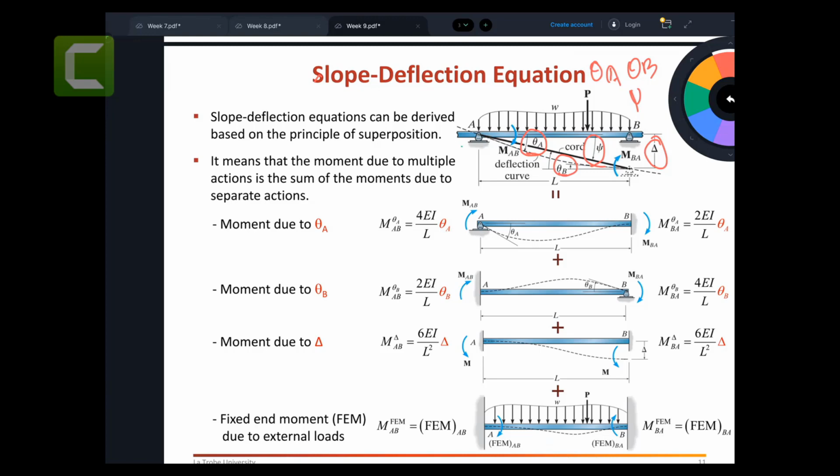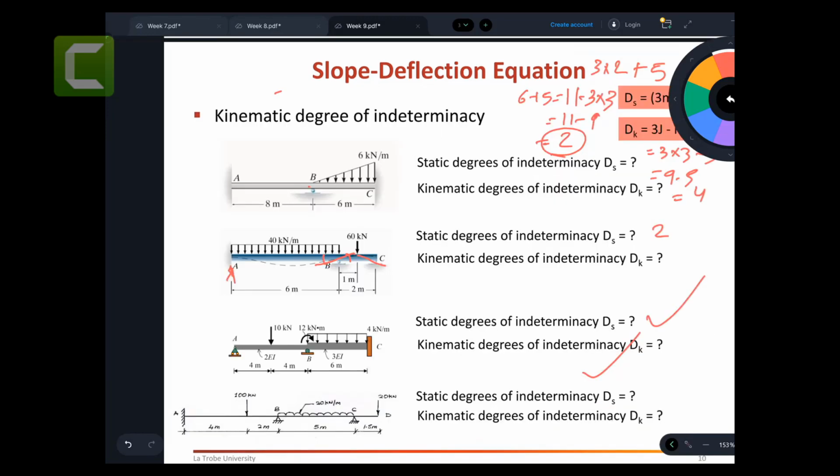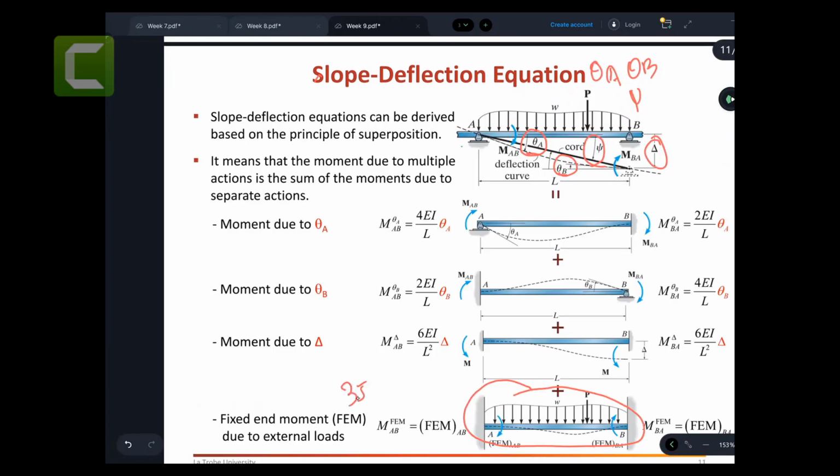What does that mean? What if I remove all these kinematic indeterminacies? Can you please tell me what the kinematic degree of indeterminacy is for this one? The equation would be 3j minus r.